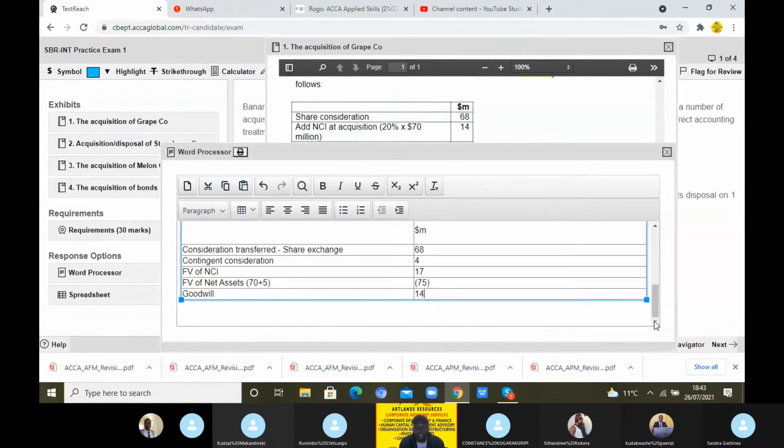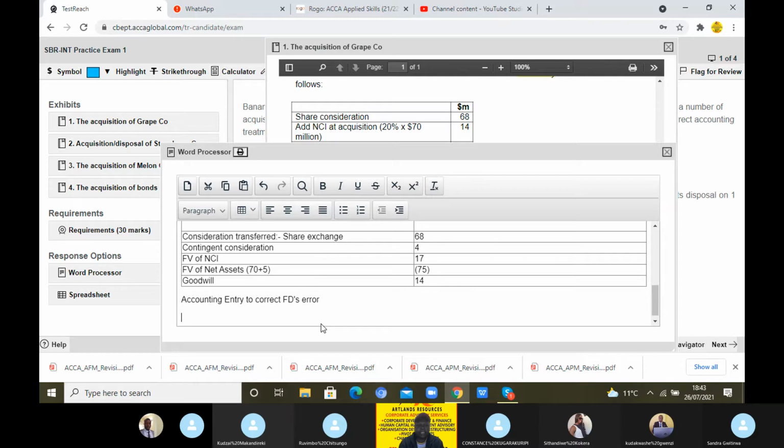If you want to exit your table, just come underneath the table and click somewhere like this. So you say accounting entry to correct finance director's error. Remember, the accounting entry is the journal entry to correct the FD's error.